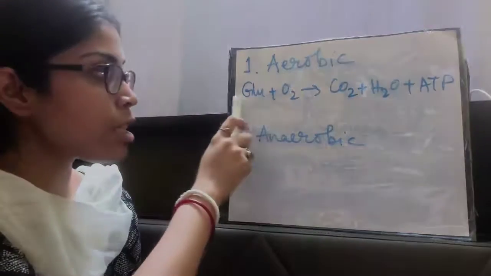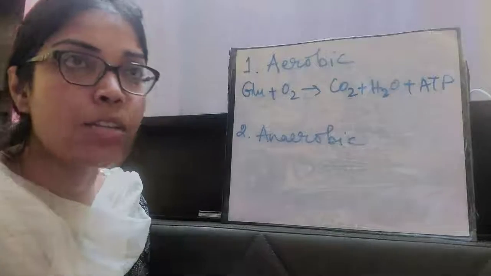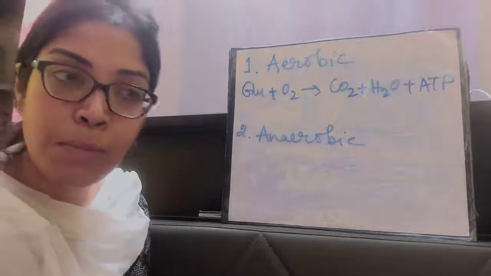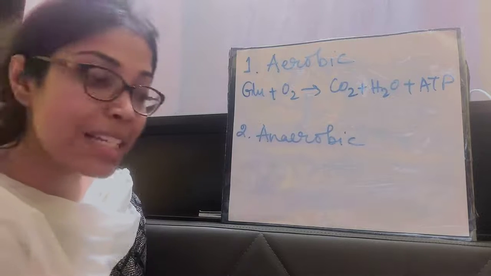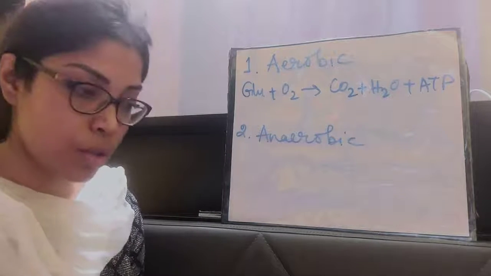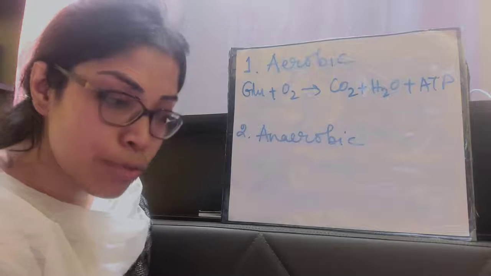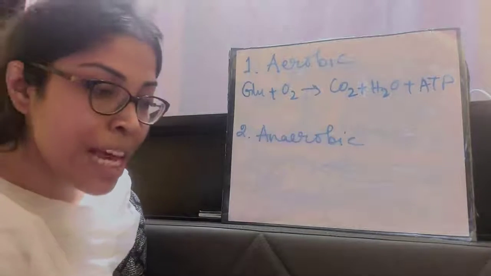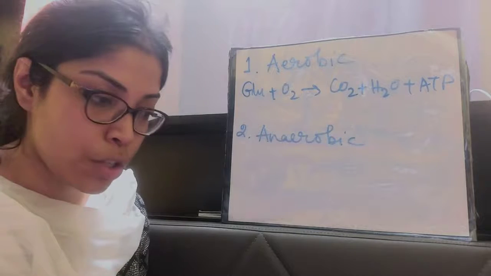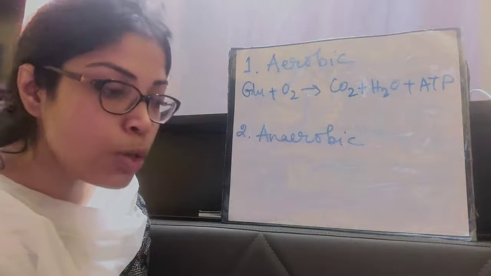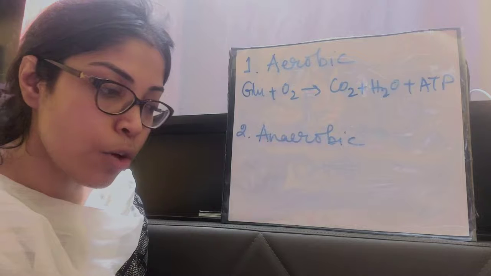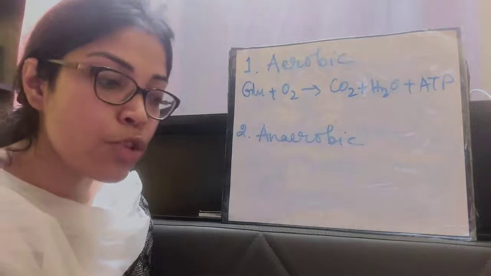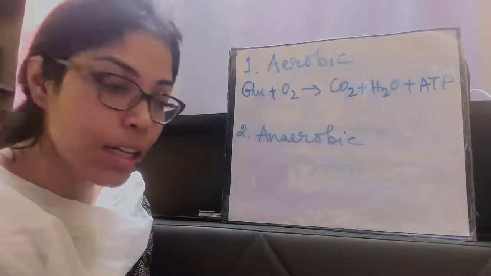Previously I told you that glucose is completely oxidized or broken down, but here glucose is not completely broken down in absence of oxygen. When the oxidation of food, which is glucose, takes place in the absence of oxygen, it is called anaerobic respiration. In this process, glucose is not completely oxidized to form carbon dioxide and water. Rather, it is oxidized to produce ethyl alcohol or lactic acid.